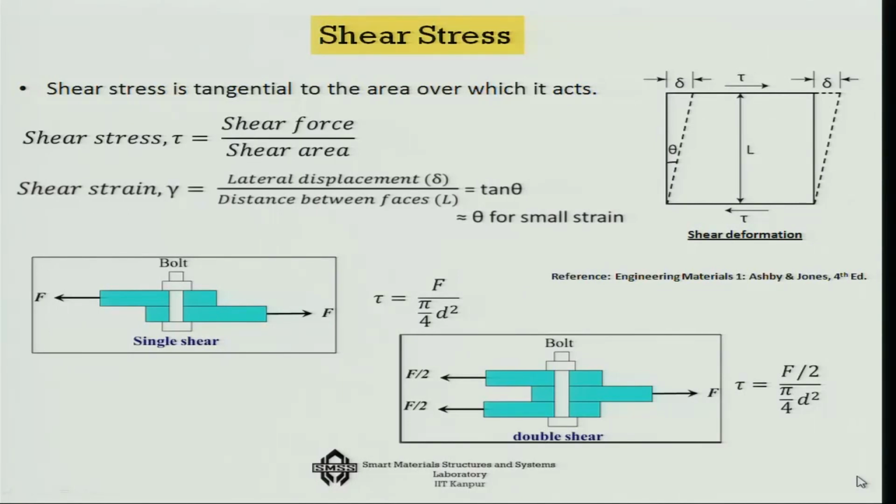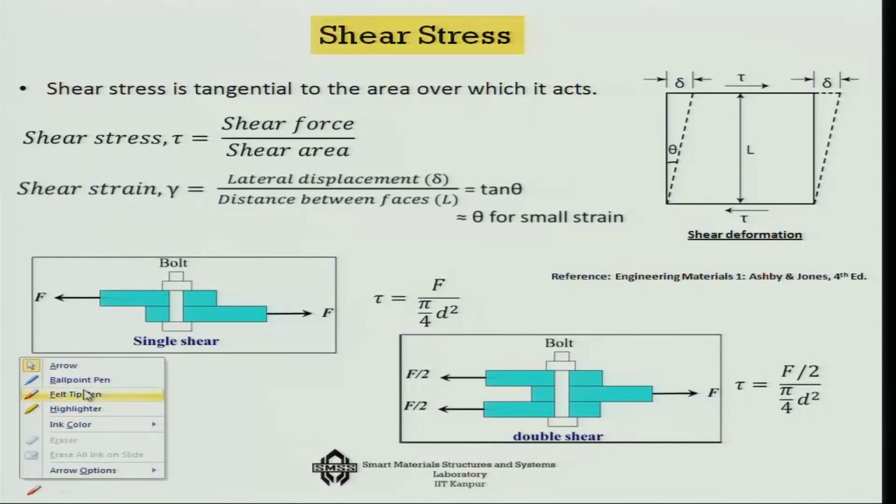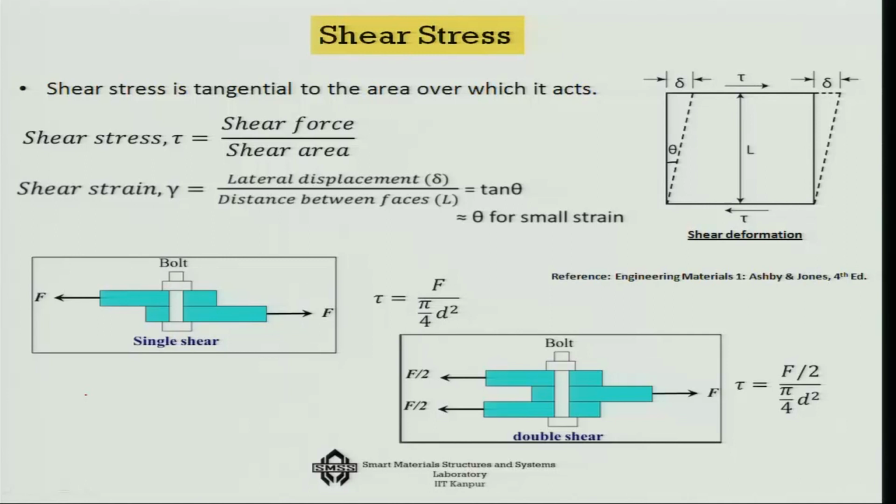Now, stress need not always be tensile or always compressive in nature. There can be stresses which are shearing in nature. For example, in this particular case, there is a block of mass over which we are applying a shearing force.